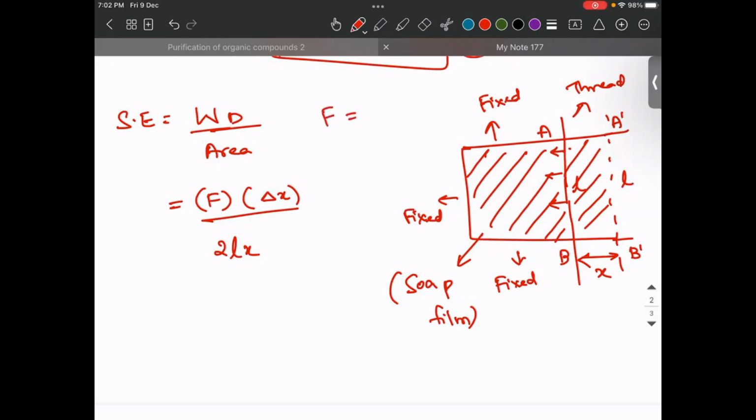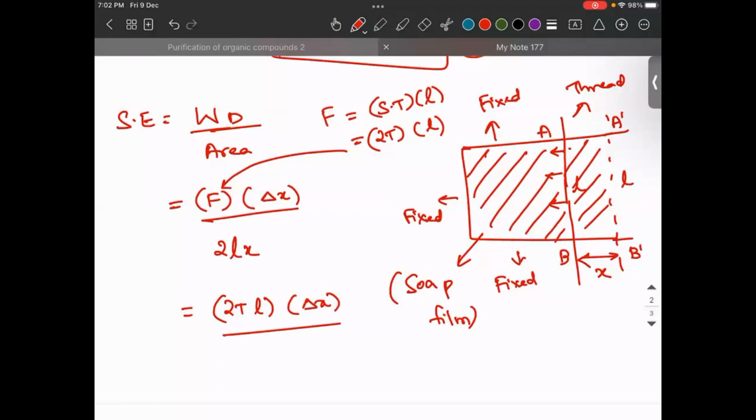Similarly, what is force equal to? Surface tension into length. So how many surface tensions come into the picture? 2T into L, because of two free surfaces. So take this value and plug it here: 2T into L into X divided by 2L into X. So 2LX and 2LX, X and X get cancelled.